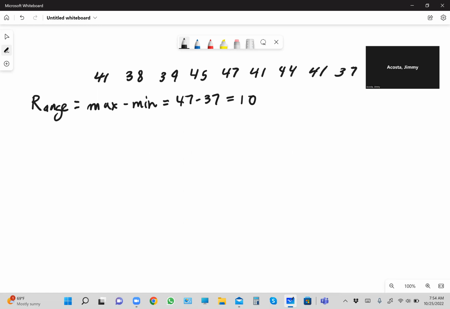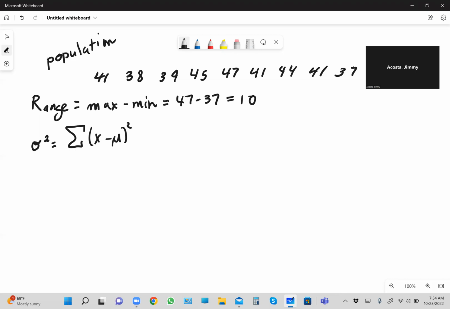Now, last class we developed a definition for the standard deviation. Let's assume it's a population, and our formula looks like this. Here is our variance.